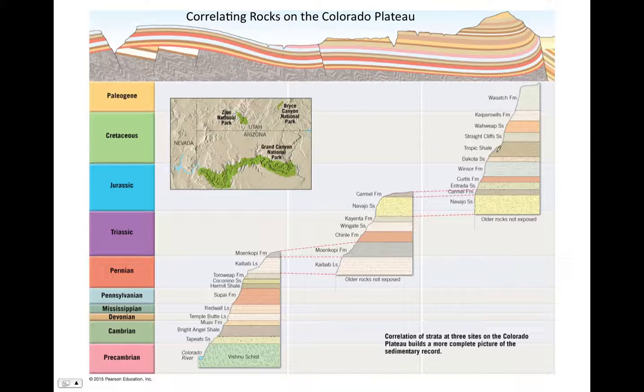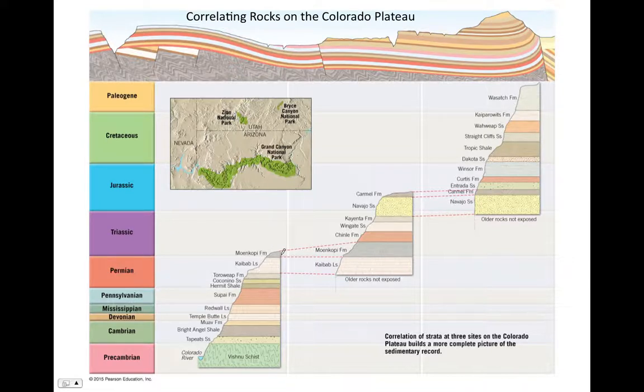That allows us to map all the younger sedimentary rocks at Bryce Canyon and Zion National Park to the Grand Canyon. These rocks probably were here at one time. They've just been weathered and eroded away. At the same time, the older rocks exposed at the Grand Canyon are probably located at Zion National Park and Bryce Canyon, but, as before, haven't been exposed by erosion yet.